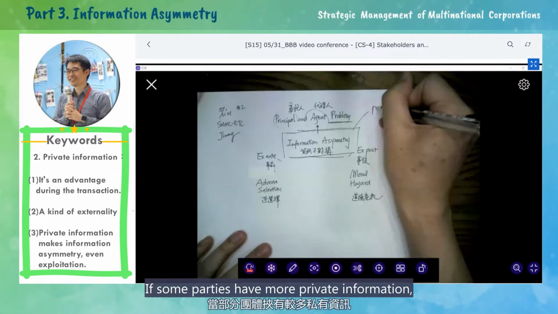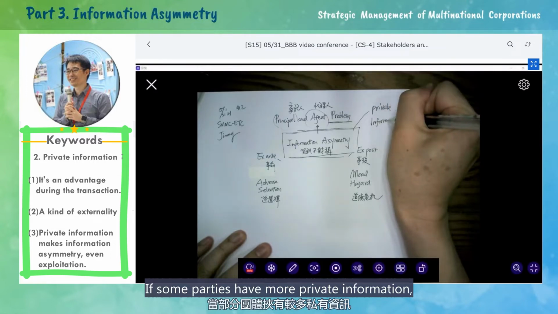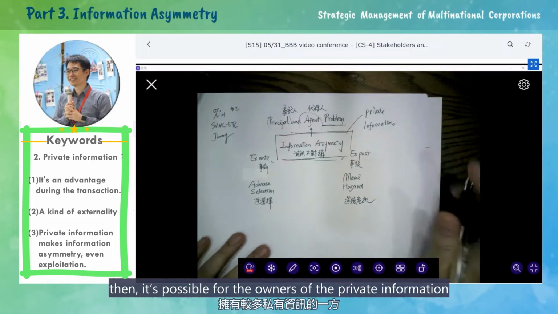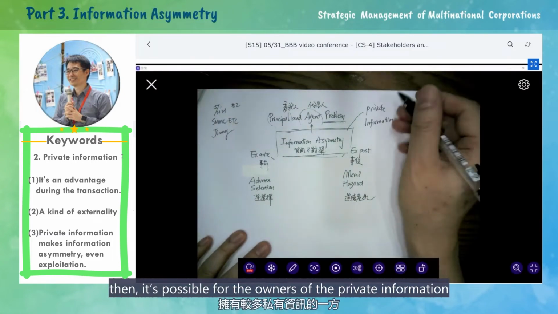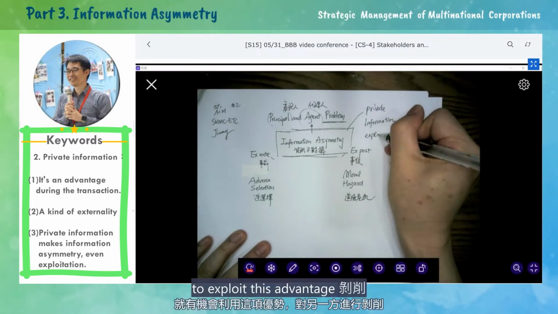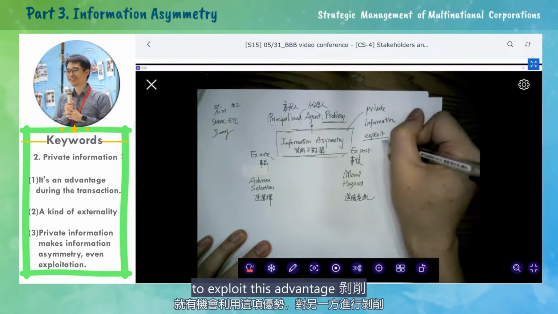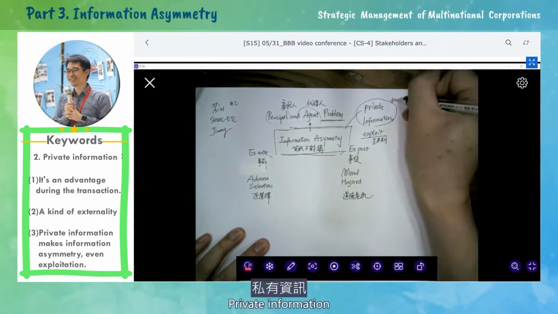If some party owns more private information, then it's possible for the owner of private information to exploit this advantage.